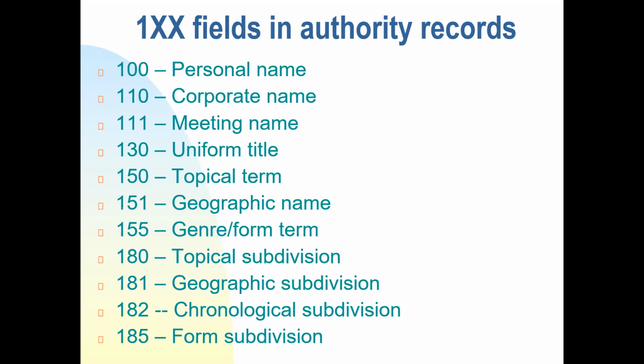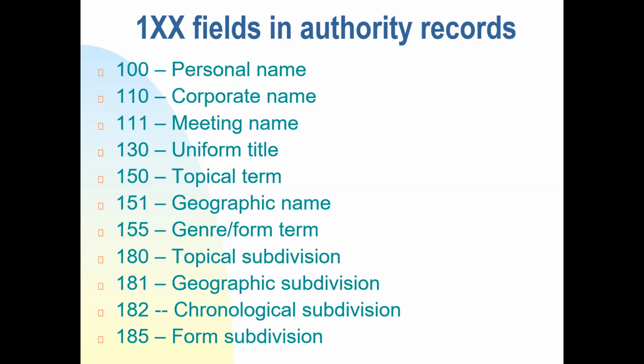Any kind of a topical term will be in a 150, so cars or automobiles is probably the correct term. I was trying to stick with my Ford Motor Company example, and I got slightly off track there. I think it's automobiles, most likely. Then the 151 is a geographic name, so Detroit, Michigan.